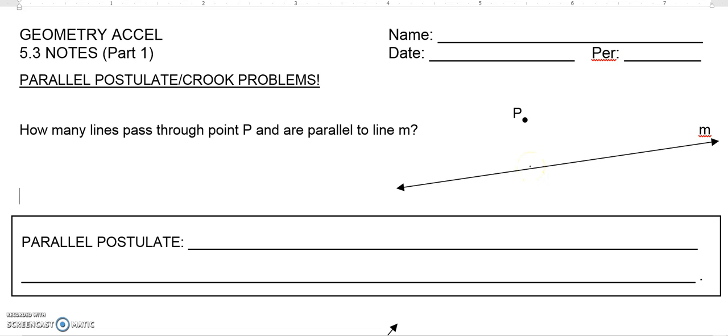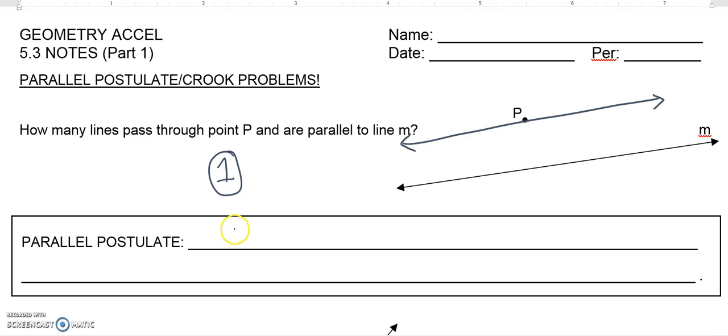So in this situation, actually in all situations, whether parallel or perpendicular, when you're passing through one point, there's only one line that can be created passing through a point and parallel to another line. So in this situation, we do have one.